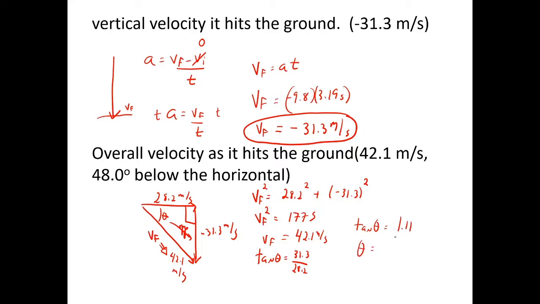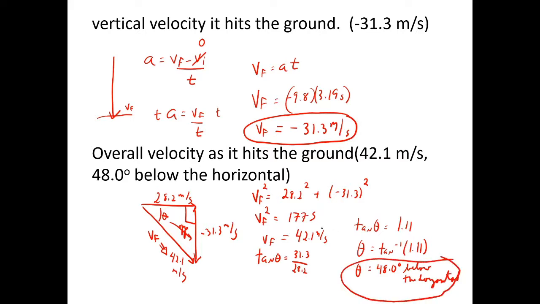To get theta, we need to take the inverse tangent. And it's around 45 because the tangent of 45 is 1. So we say that the theta is 48.0 degrees below the horizontal. And that's not too neat, but you can see what we have there. It's a good idea to circle our answers.